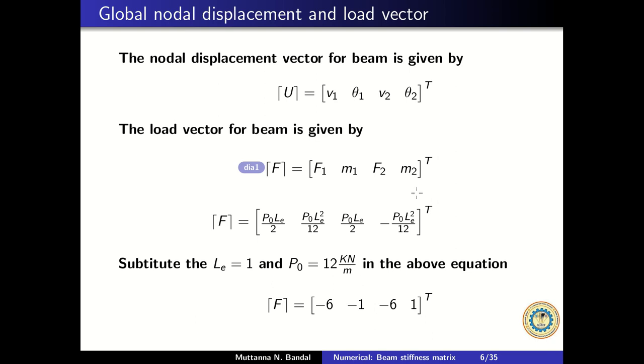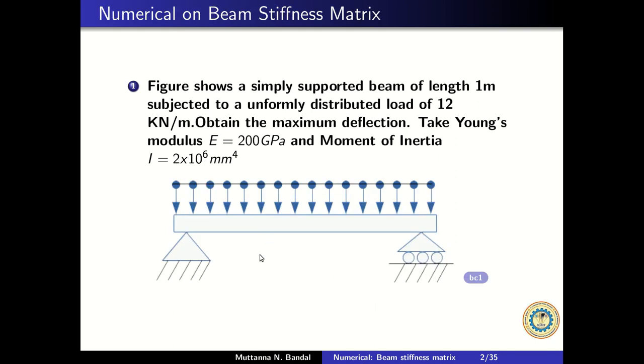To understand the boundary conditions, I have to go back to the boundary conditions of this beam. Here, when it is a hash (fixed) support, the rotation as well as the displacement is arrested, in the sense v1 is equal to 0, and theta 1 is not allowed to rotate, so it becomes 0.